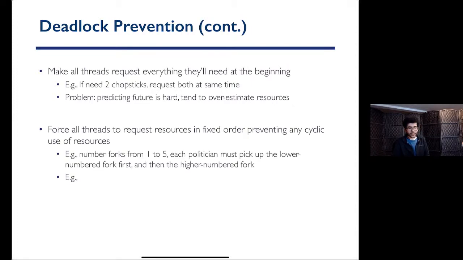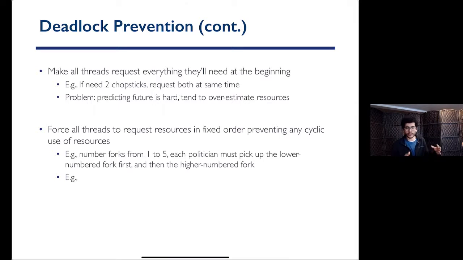Now, the other approach, which focuses on breaking the cycle, is to have a fixed order of requests in your system. And by doing this, you're preventing that cycle from happening. Here is an example. You could put numbers on the forks or chopsticks from 1 to 5, right?